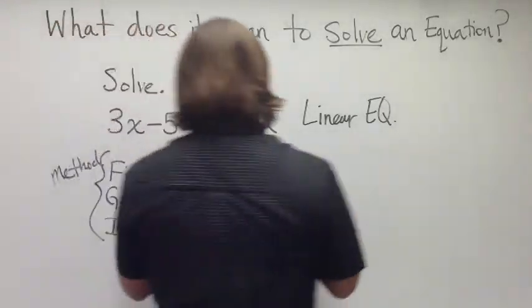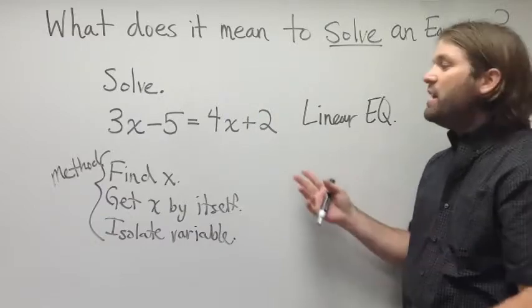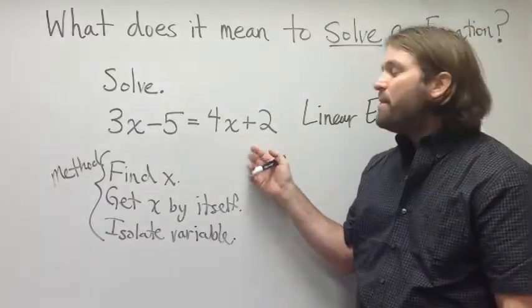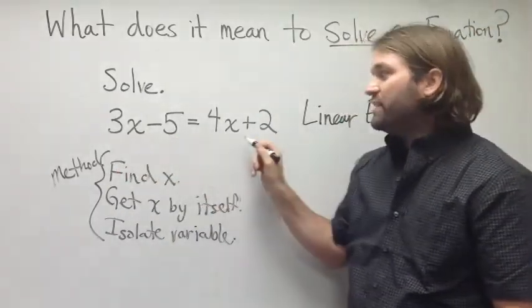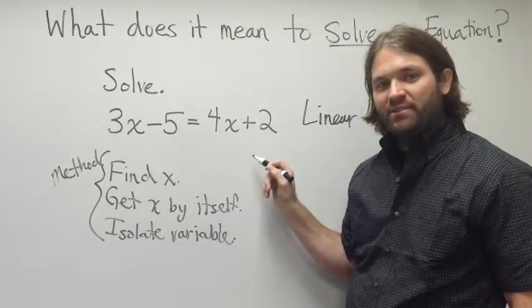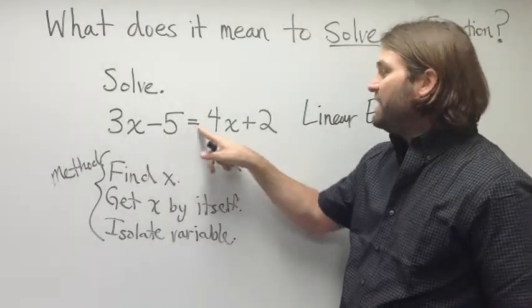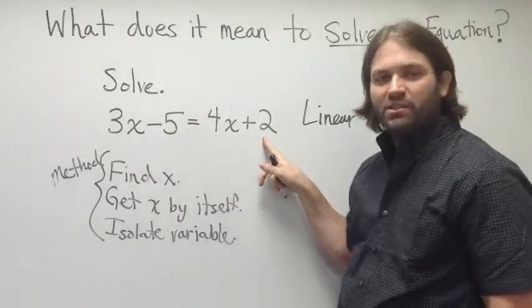Whenever you have an equation, and it doesn't just have to be a linear equation, it could be quadratic or exponential, but anytime you're given an equation, it's important to think about this as a statement. In this case, it's a mathematical statement. This statement says 3 times something minus 5 is equal to 4 times something plus 2.